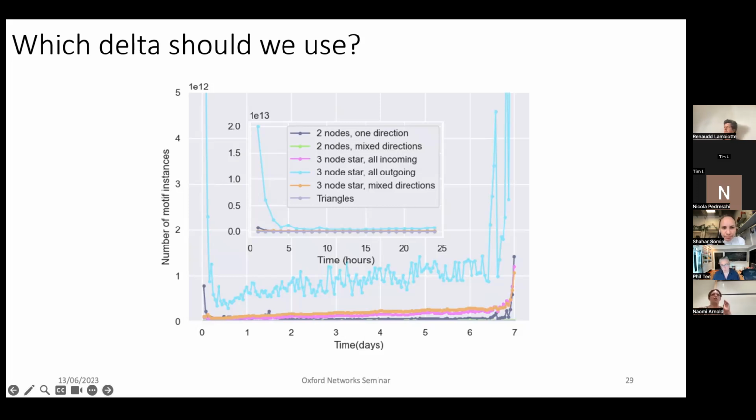When we were trying to work out who this strange node was that was creating loads of motifs, it had a very small number of sources, so a low in degree, but a very large fan out, a huge out degree, and a slightly negative balance. Although there were still many incoming transactions among those sources.